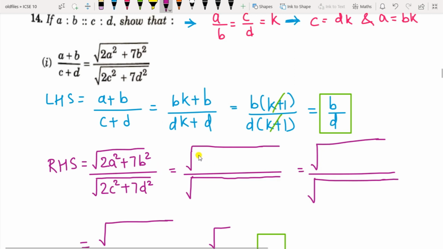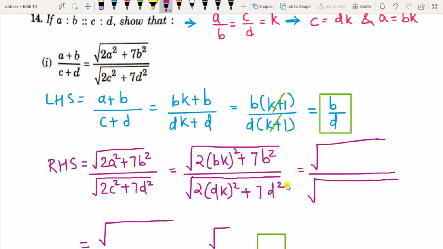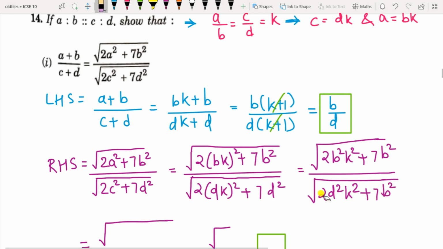Now this is your RHS. So for RHS, here A square is BK square plus 7B square plus 2 into DK square plus 7D square. So this will be 2B square K square plus 7B square upon 2D square K square plus 7D square.